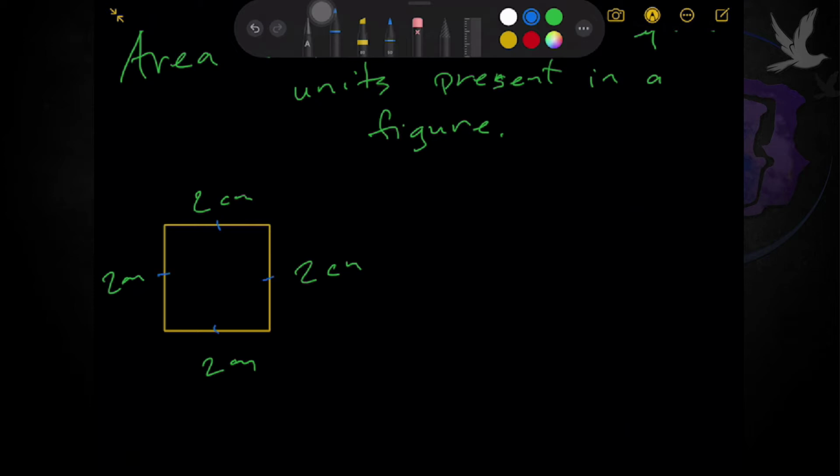And if you're going to draw a line, kasi nga, taking 2 units, no? We have 1, 2. We have 1, 2 also here. And number of square units that you have in this figure is 1, 2, 3, 4. Okay? So, which means the area for this figure is 4 square units. That is if you don't have any other units involved.